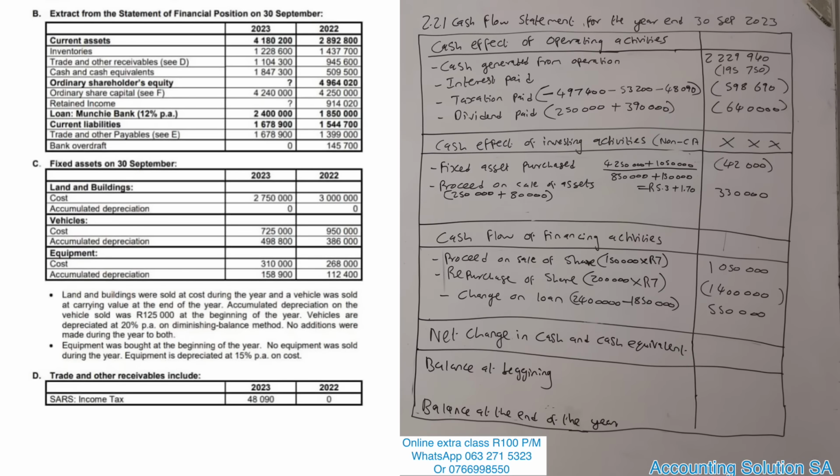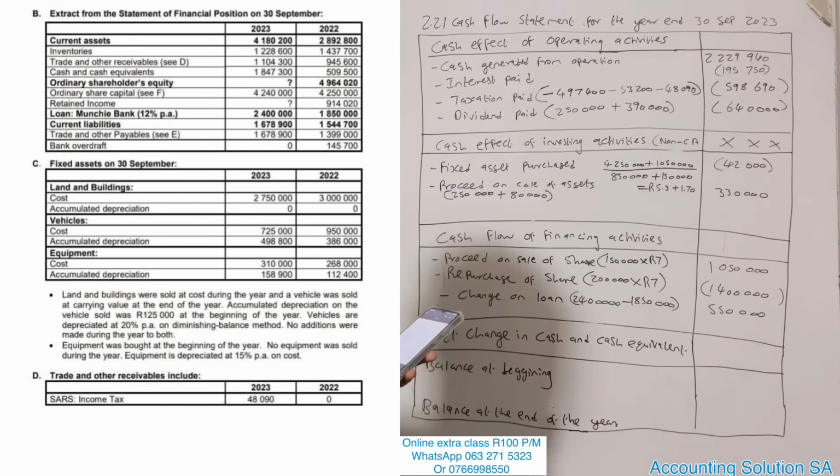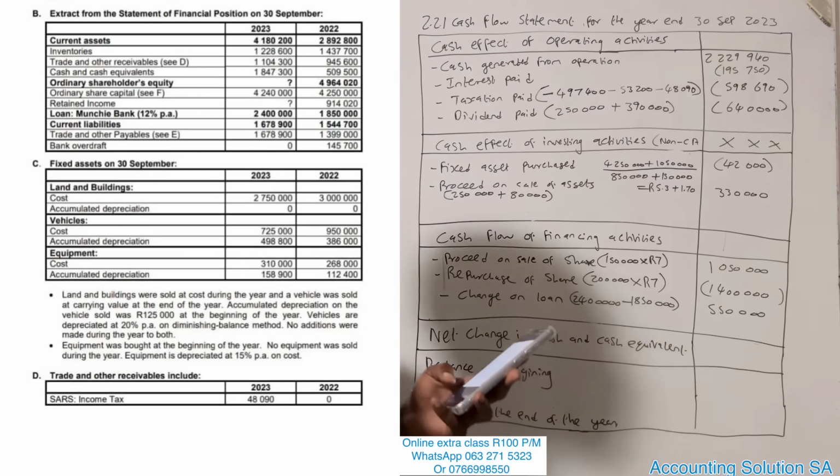And the last part, we have to check cash and cash equivalent. So at the year end, our cash and cash equivalent didn't have a bank overdraft, so we just gonna write 1,847,300. But if you check opening balance, it was 509,500, but there was a bank overdraft of 145,700.